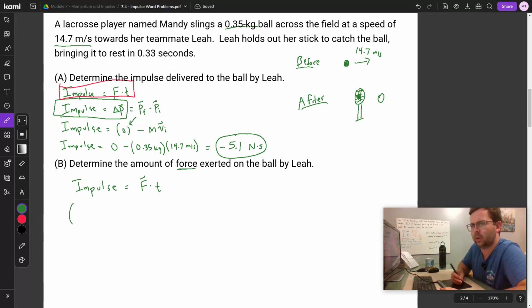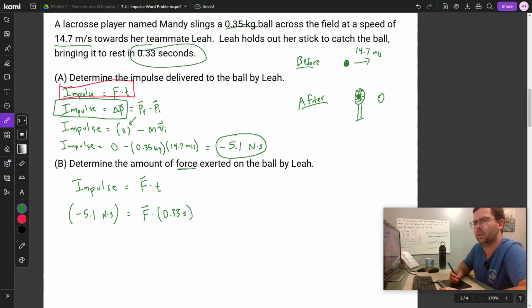So we can put in a number now for impulse. We just found was negative 5.1 Newton seconds. And we'll be multiplying the force by 0.33 seconds. And I'm getting that from up here. That's how long it took to bring the ball to rest in the net. It's not an immediate catch. There's some delay, some gradual slowing down.